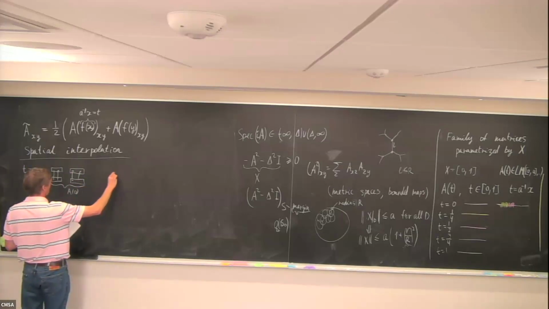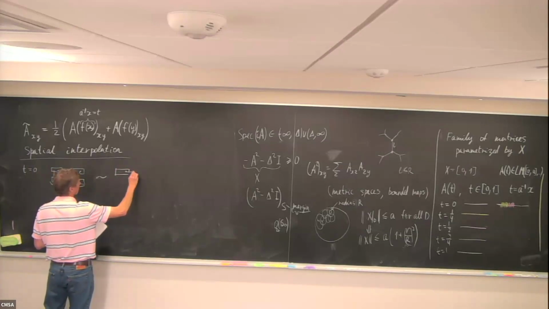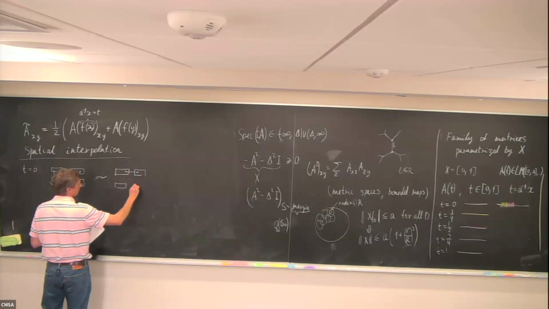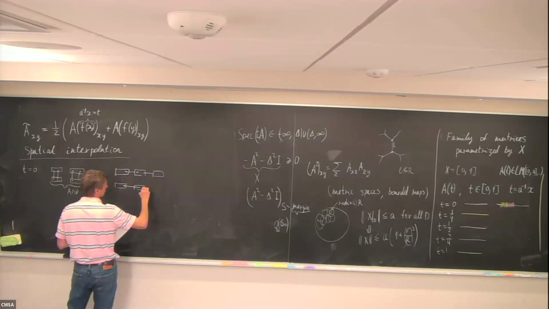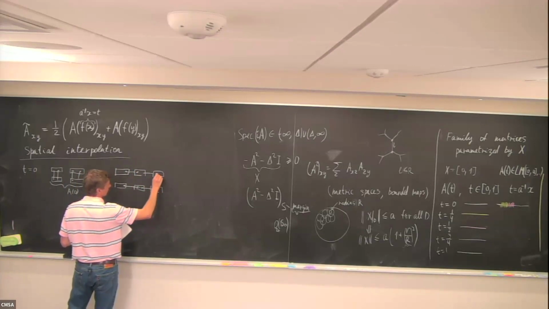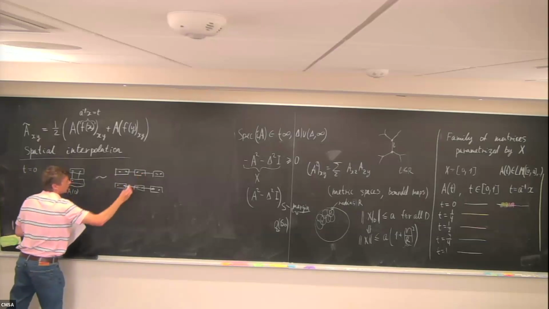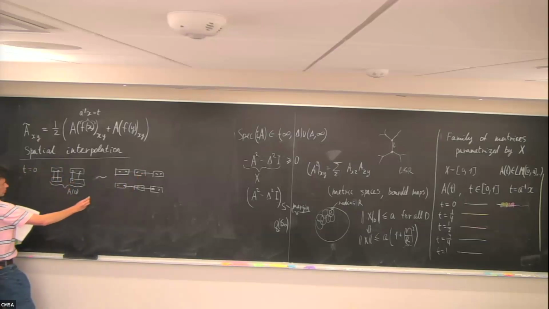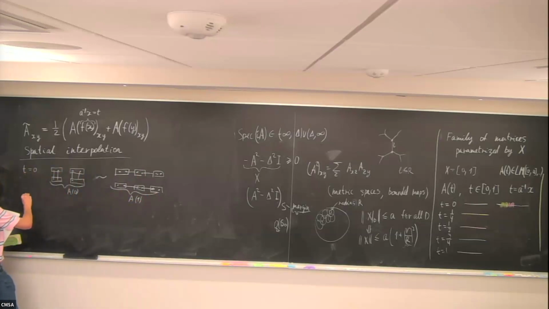And it goes to this, the Majorana chain. It can be longer. And this is A1 and A of t.